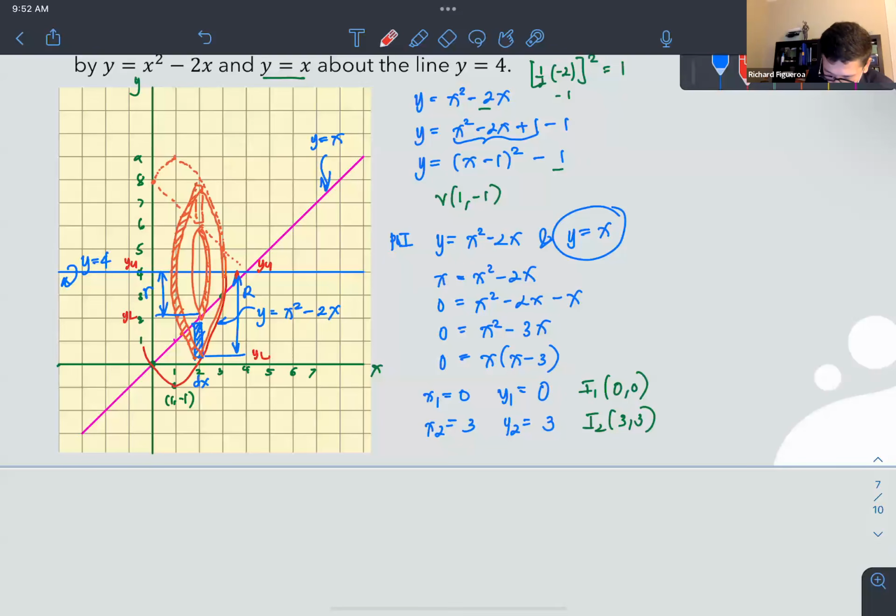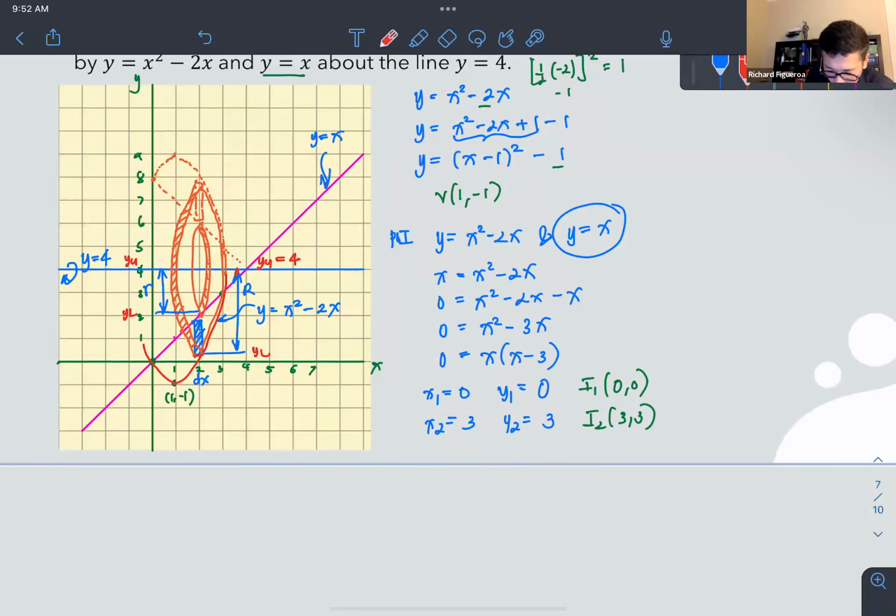Okay, so ito yun, y is equals to 4. So y upper is equals to 4. Ang y lower natin is, so lower is yung lower portion ng strip natin. So which is nakatama siya doon sa parabola. So therefore our y lower is x squared minus 2x.